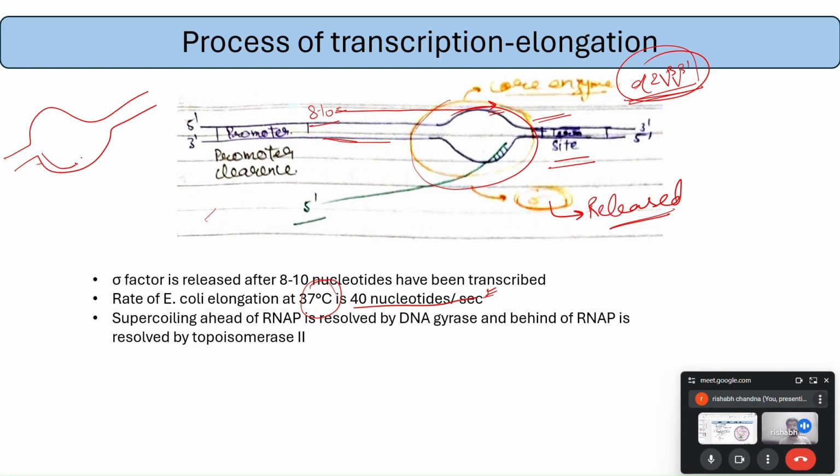If the sigma subunit is released too early, the polymerase slips, releasing these 8 to 10 nucleotide long RNA chains. So the sigma subunit leads the RNA polymerase for a few more bases and then it is released, so that the RNA polymerase can move on to the proper formation of the whole RNA as compared to the abortive transcripts.